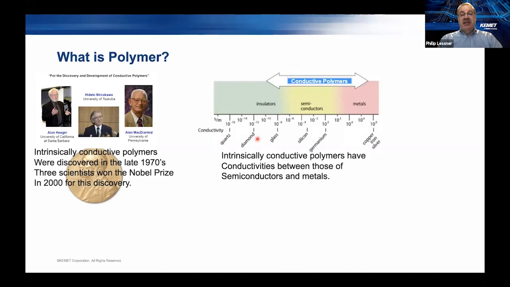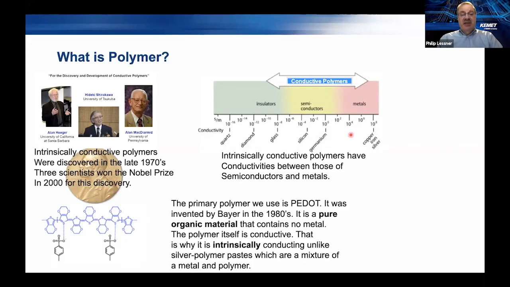These intrinsically conductive polymers have conductivities in between that of insulators and metals, generally in the semiconductor range, somewhere around, say, 10 to 1,000 Siemens per centimeter. So clearly much more conductive than insulators and most semiconductors, approaching the conductivity of metal materials.